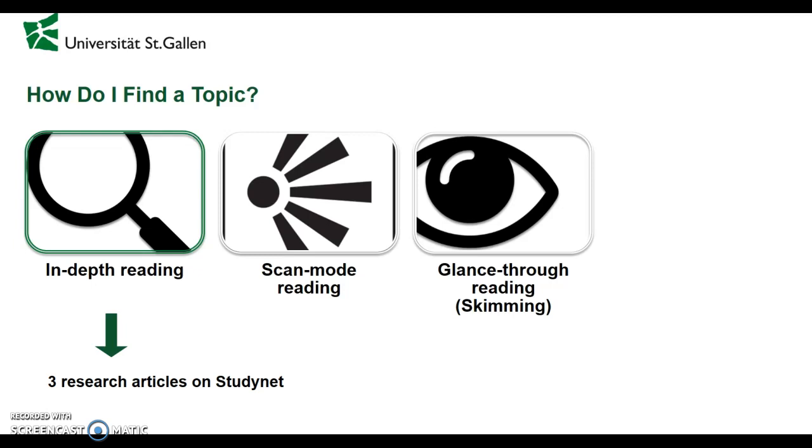In-depth reading is, for example, when you read a research article very attentively, you think about the content and you understand it very well. I recommend that you read the 3 example texts that you receive from your course instructor, from your coach on StudyNet very carefully. Take notes about each one.